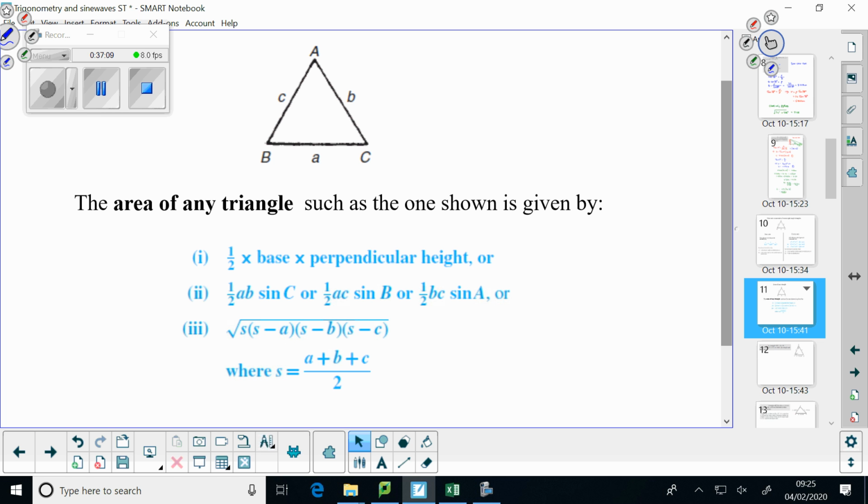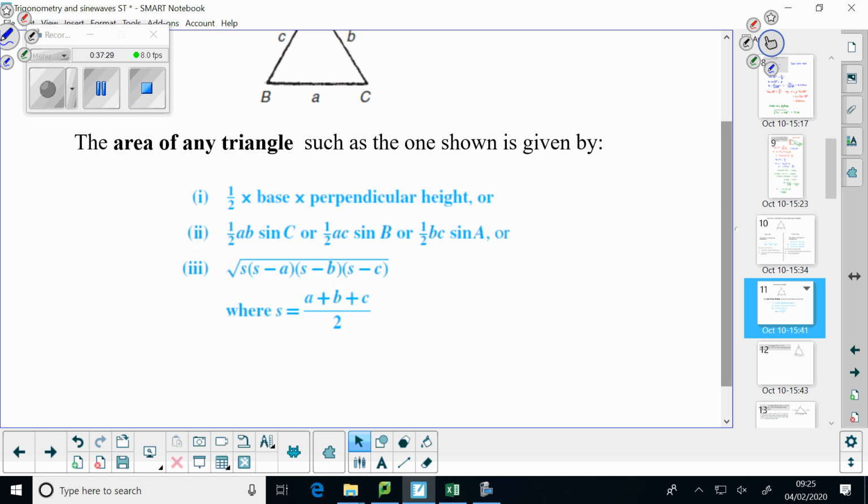We've also got half ab sine C, half ac sine B, or half bc sine A. Or you can find this intermediate variable s from a plus b plus c over 2. If you know all three sides, you put the value for s in that formula, and it gives you the area.